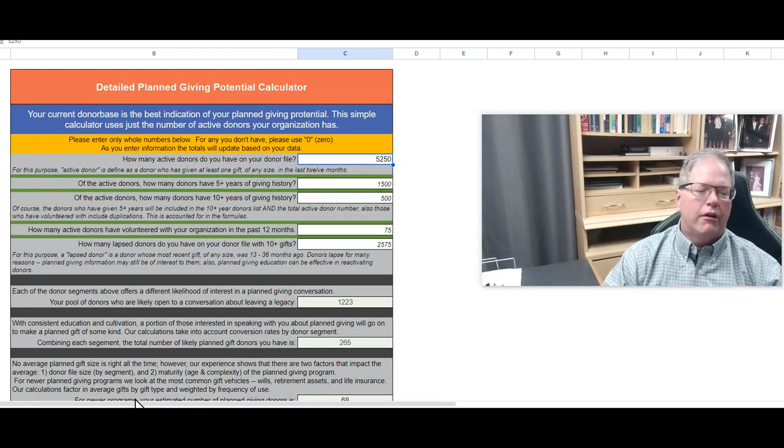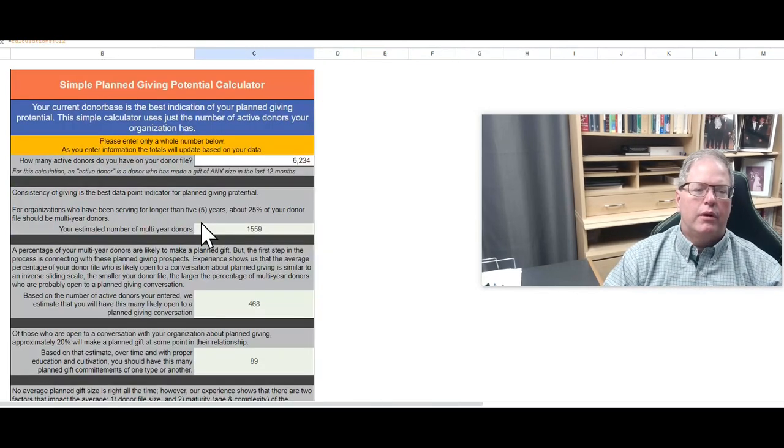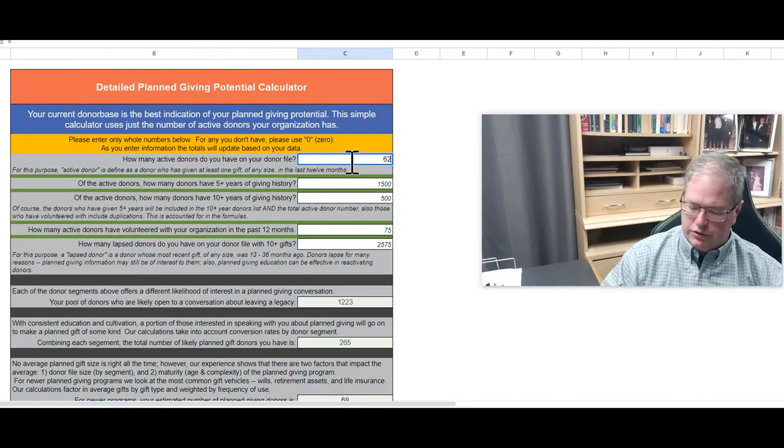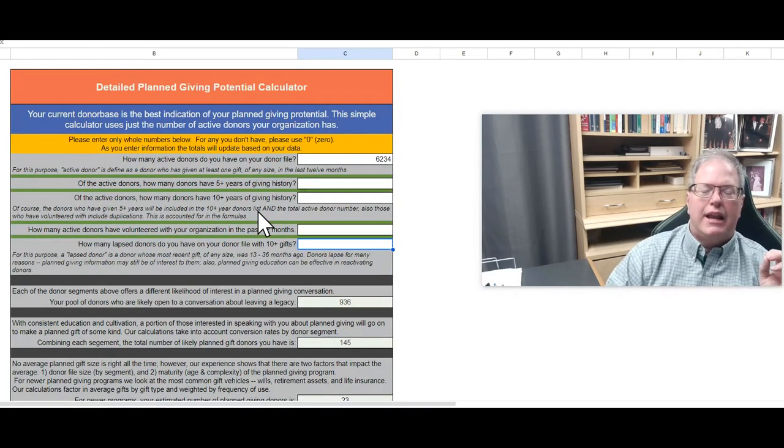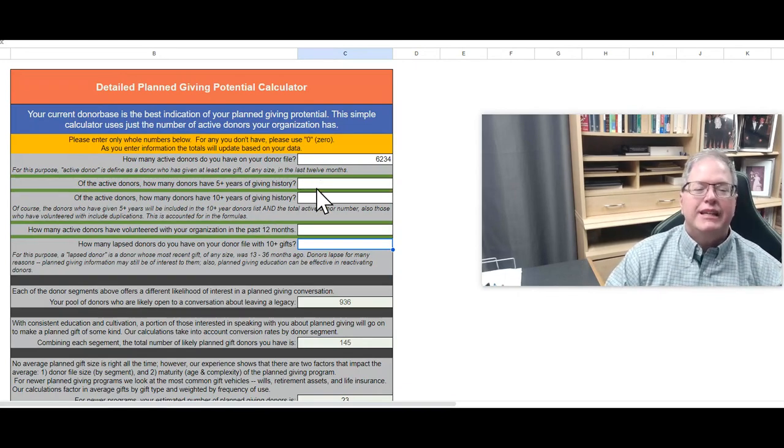So the first one here is simple, and what was it? 6234. If that's all we do, and we leave the rest of these alone and don't add any of that, you'll notice we're going to get different calculations because it anticipates these numbers.